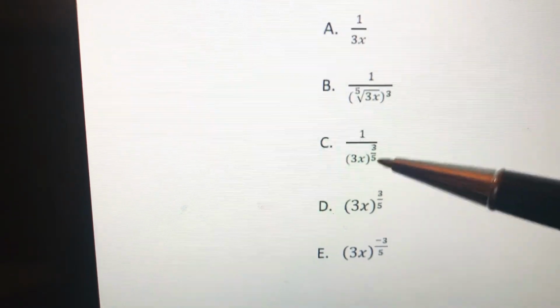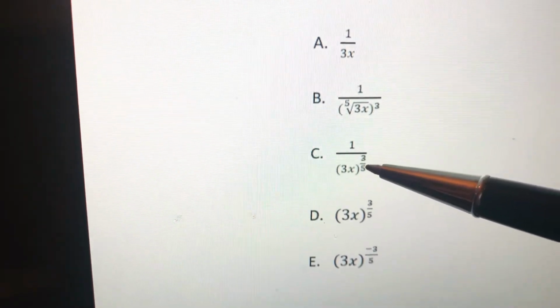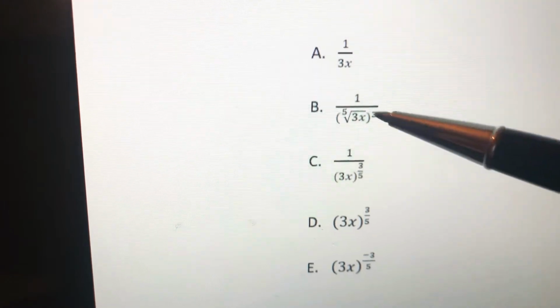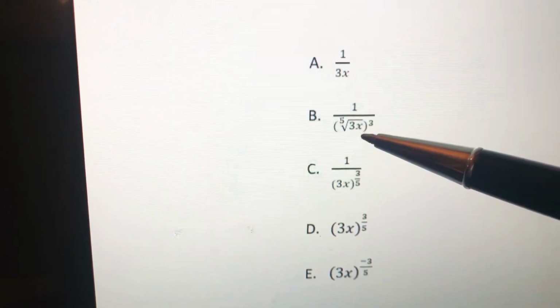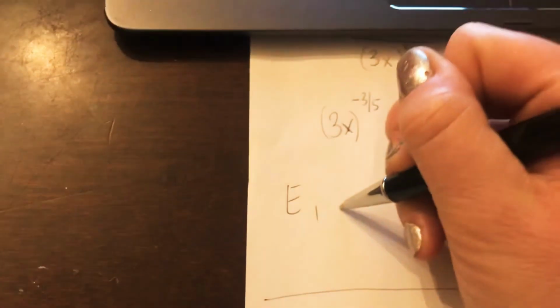C is an answer because this is the same thing as 1 over 3x to the +3/5. And then B is your answer because this is exponent over index, which is what I just wrote down. So the answers are E, C, and B.